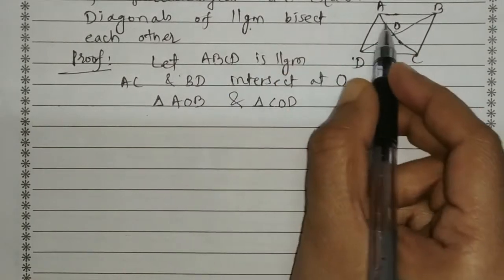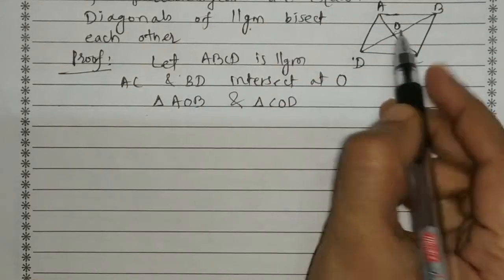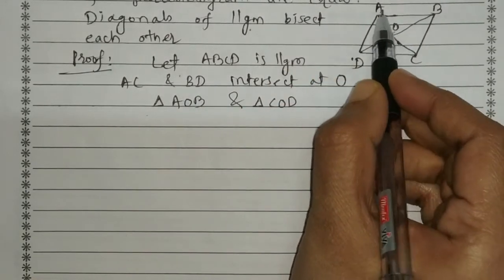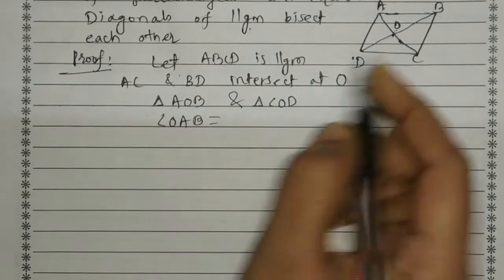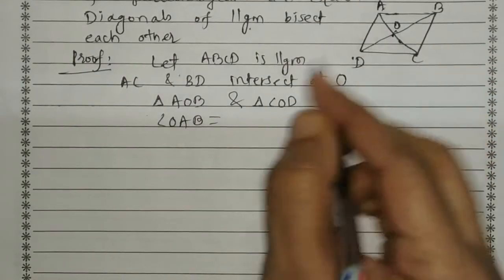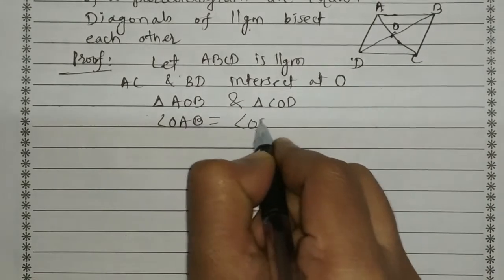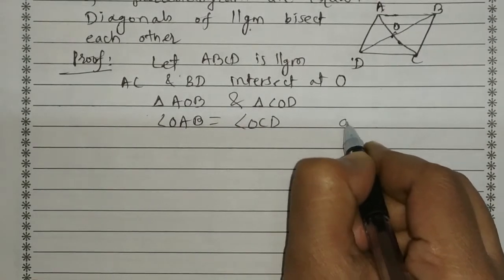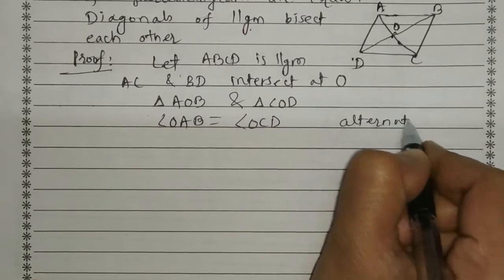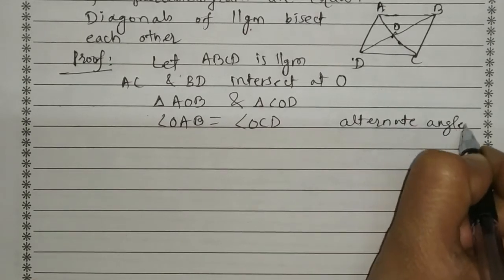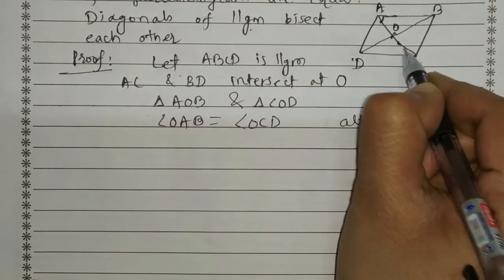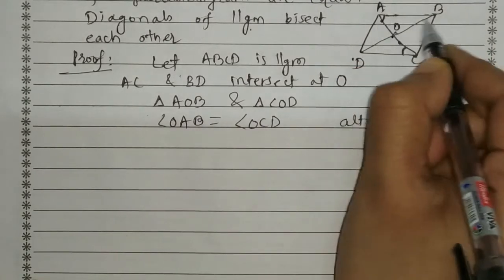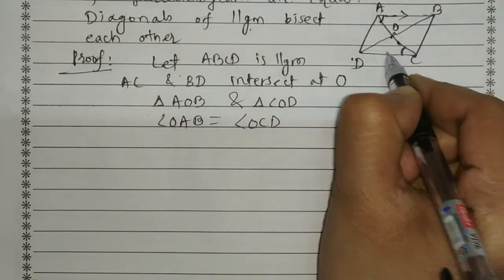In these two triangles, angle OAB is equal to angle OCD. The reason is alternate angles. This is a transversal and these two lines are parallel.